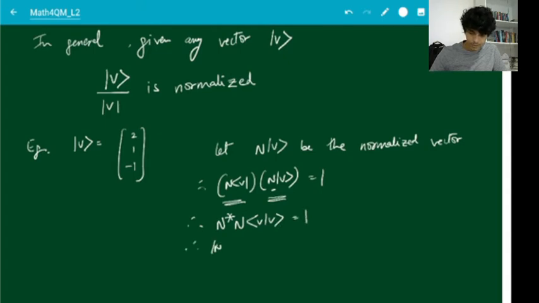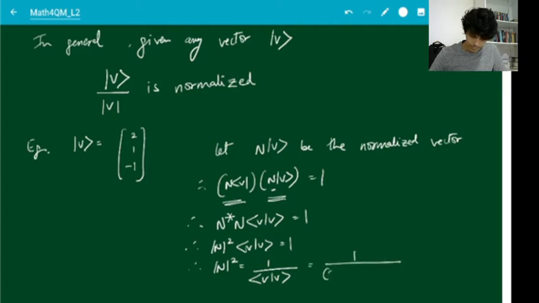Therefore, mod n squared times the inner product of v with v is 1. Therefore, the number that I'm looking for is just 1 over this inner product of v with itself. So this is just 1 over (2, 1, minus 1) with (2, 1, minus 1), which turns out to be 4 plus 1 plus 1, which is 6, so 1 over 6. So the number that we are looking for is just 1 over square root 6.